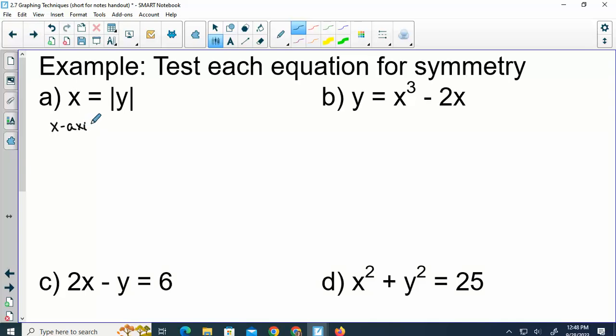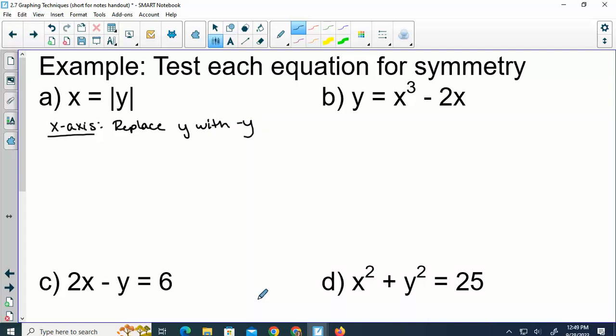So if I want to check if it's symmetric to the x-axis, that means whether my y is positive or negative, x is the same, right? So what we're going to do is replace y with negative y.